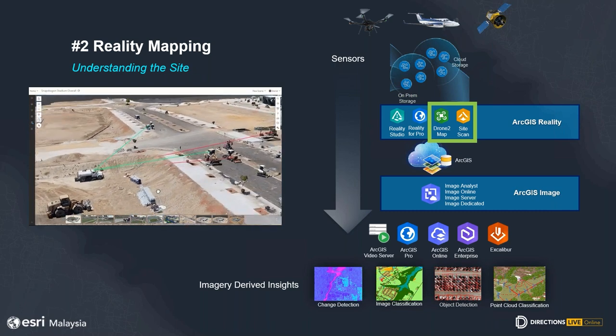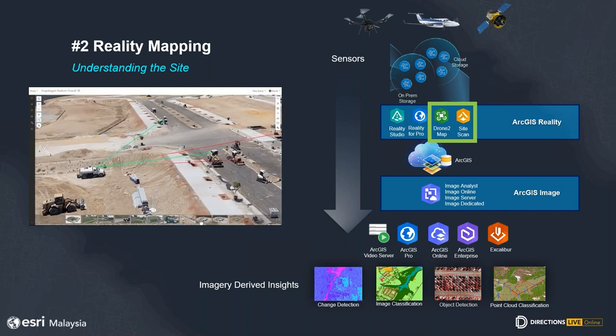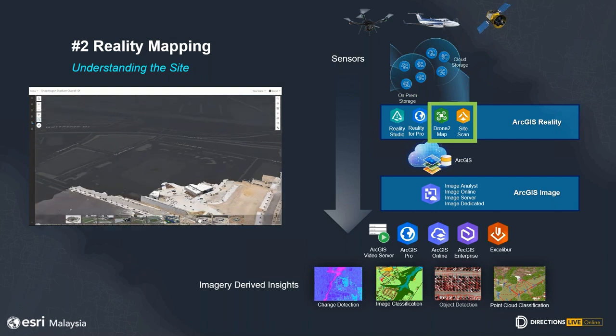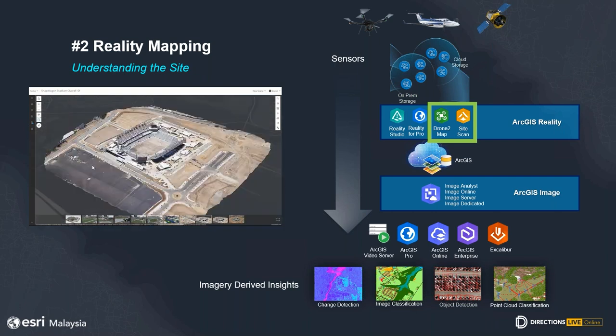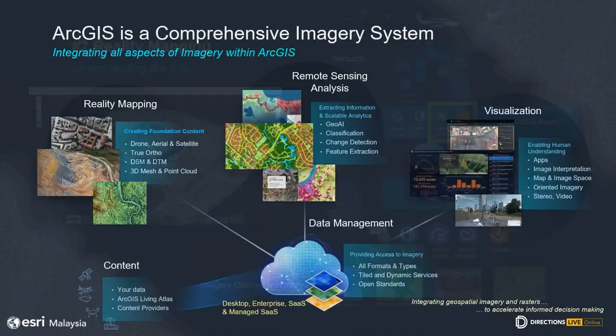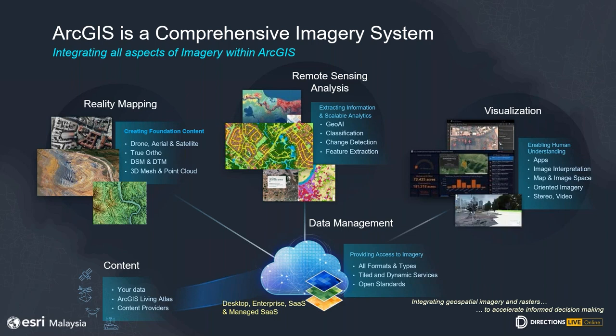It's important to know that reality capture is just one of the comprehensive imagery solutions that we have in the AEC. ArcGIS offers a complete set of capabilities for managing and utilizing imagery, with robust data management at its core. With ArcGIS, we can utilize drone, aerial data, and satellite imagery to understand the site condition accurately.